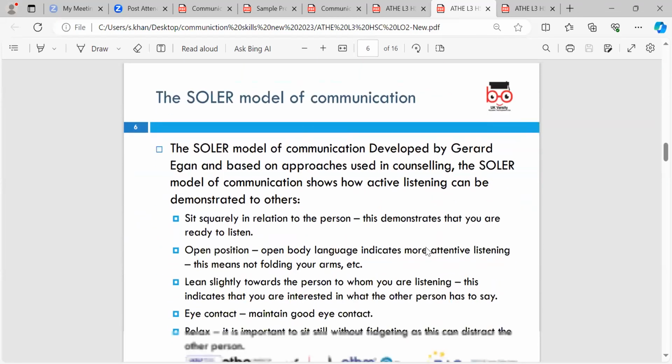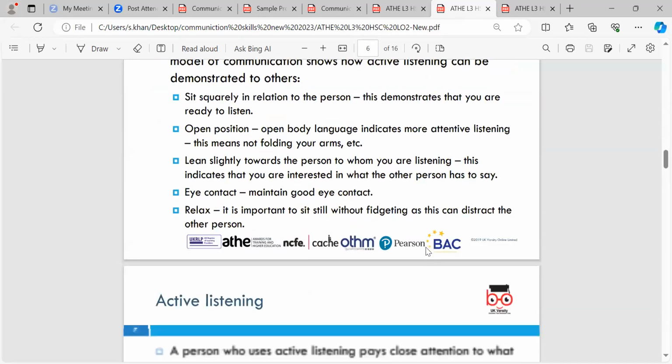The SOLER model of communication was developed by Gerard Egan and based on approaches used in counselling. The model shows how active listening can be demonstrated to others. So how you sit, how you position yourself, how you lean forward, shows that you are listening to the person. This model helps in the health and social care profession when you are listening to people and you're feeling relaxed as well.